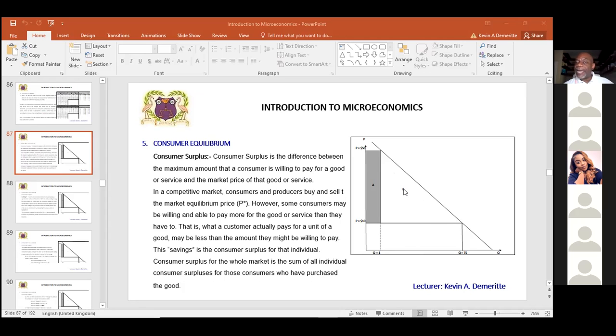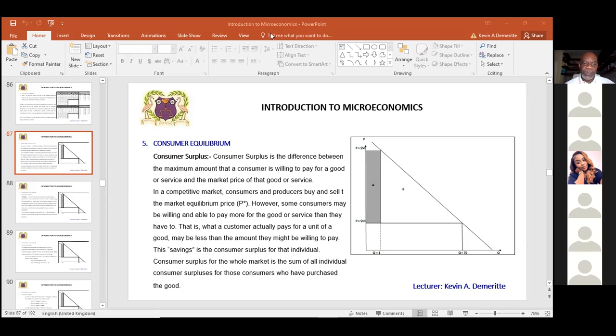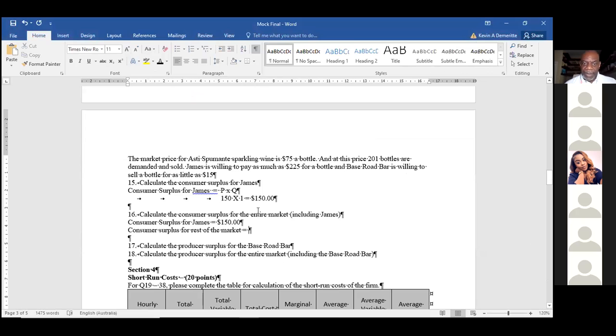We need to find this area B, that's the area of a triangle. And the area of a triangle is half the base times the height, so 1/2 B times H.